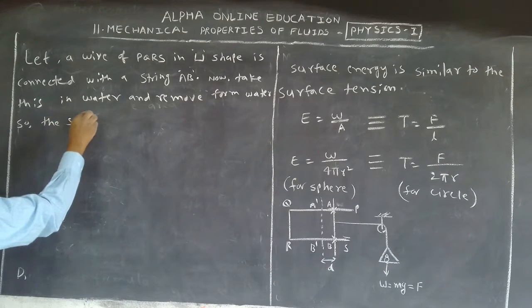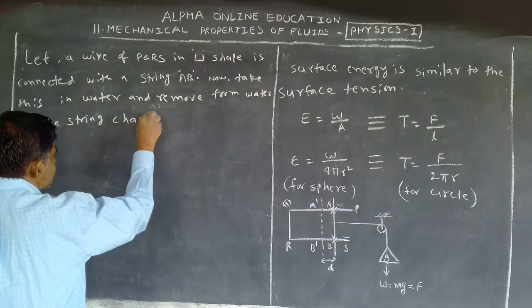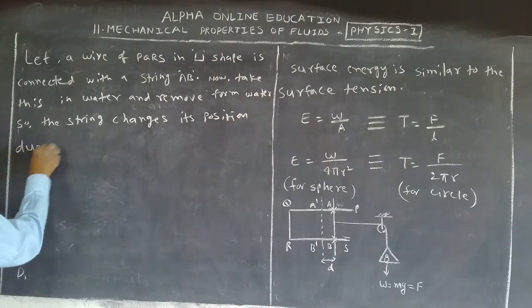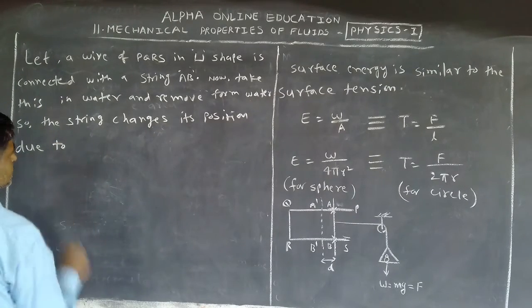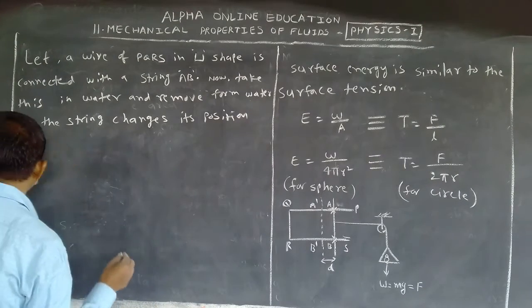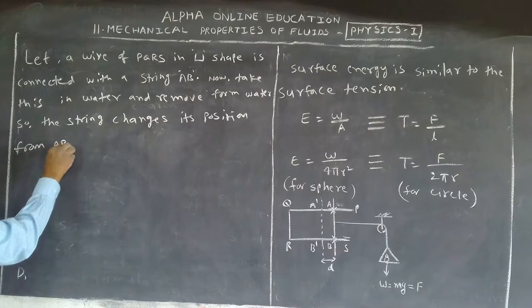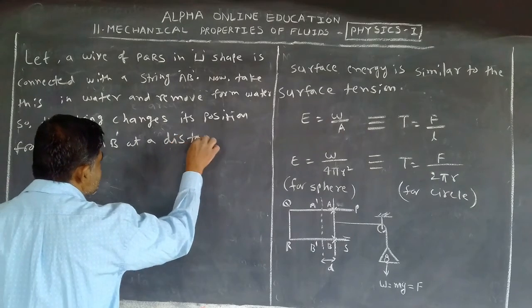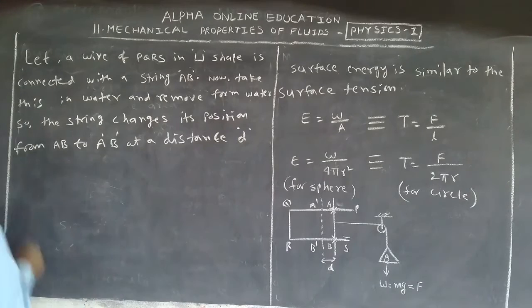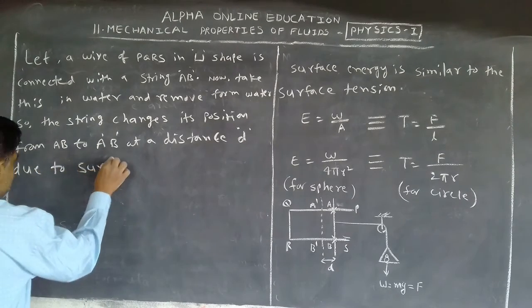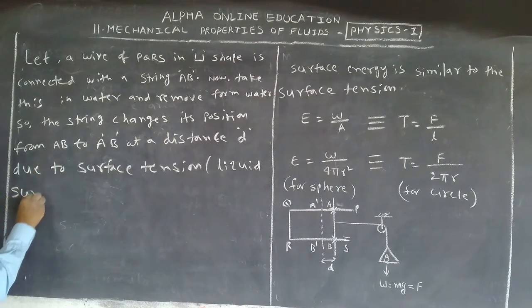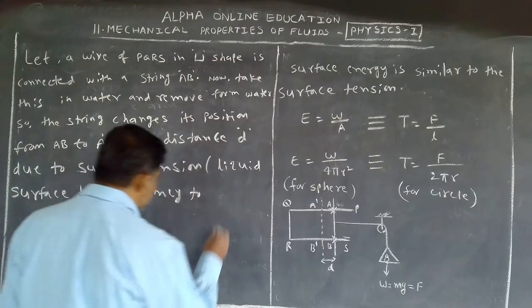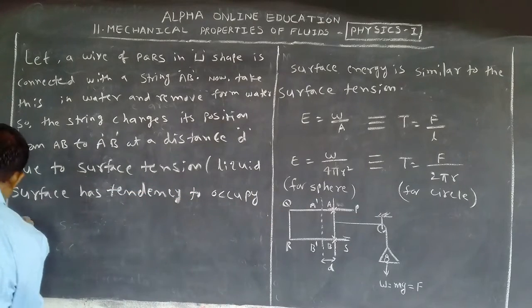The string changes its position from AB to A dash B dash at a distance d due to surface tension, which has a tendency to occupy less area.